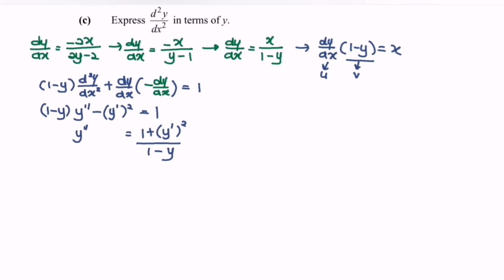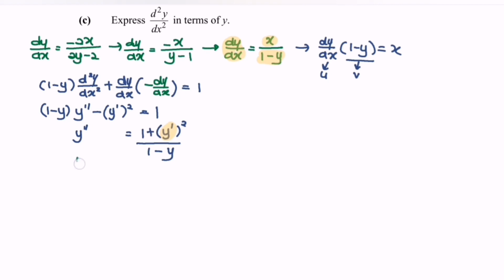Referring to the question, express the second derivative in terms of y, so we substitute y prime in terms of y. y prime actually equals x over 1 minus y. So kindly substitute the value.